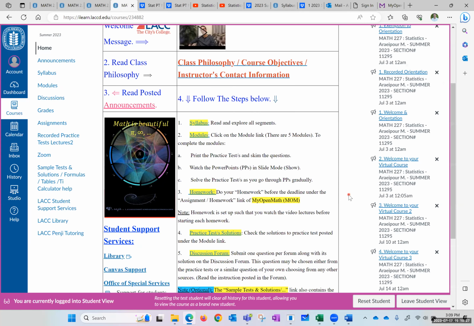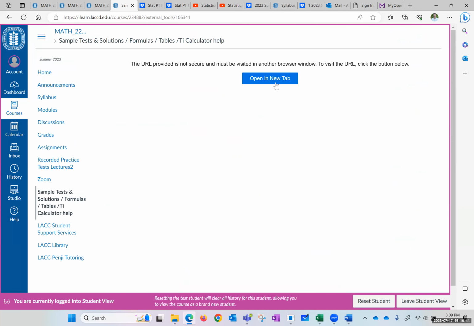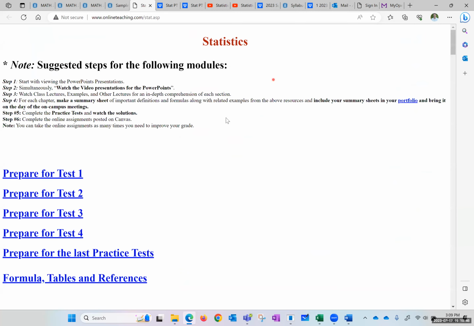So going back to the home page, it says optional, the sample test solution. On the left side, we have sample test formulas. This is in case you want to make a note of it. This is in case something goes wrong with Canvas and you don't have access to Canvas for any reason.